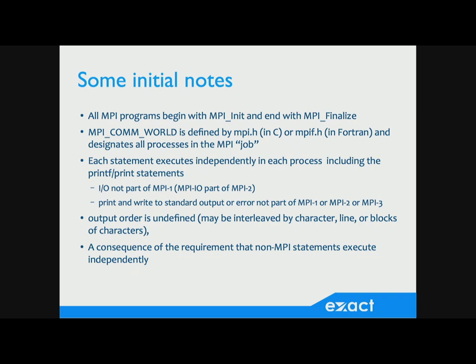Okay, there is no way to guarantee that there is a specific order. If you want this, you have to implement it yourself, communicating and saying, who are you? Now let's have a priority queue. You start first, and so on and so forth. Written this way, the output order is completely undefined, as a consequence of the requirement that non-MPI statements execute independently.